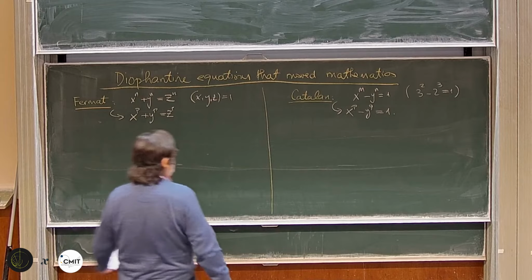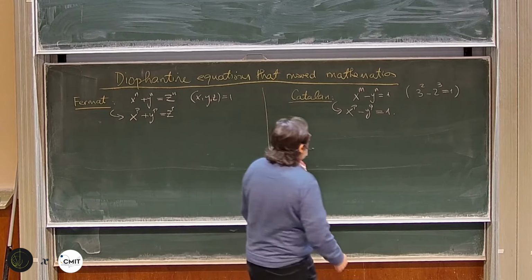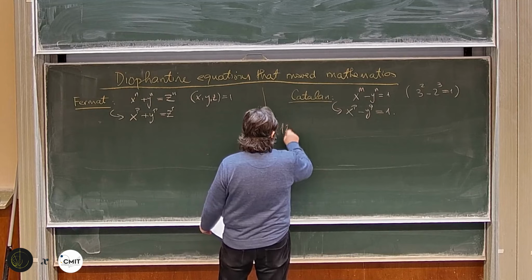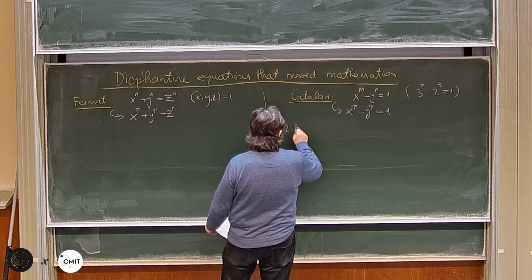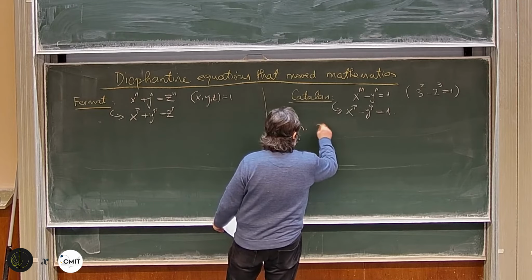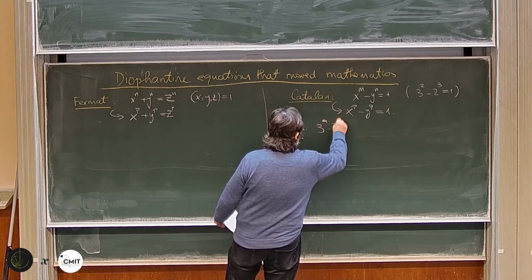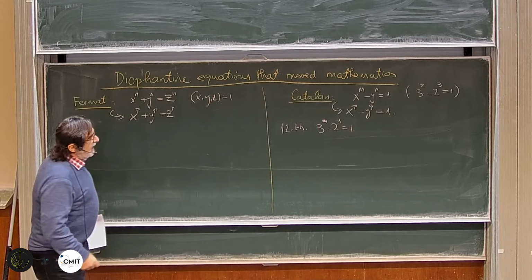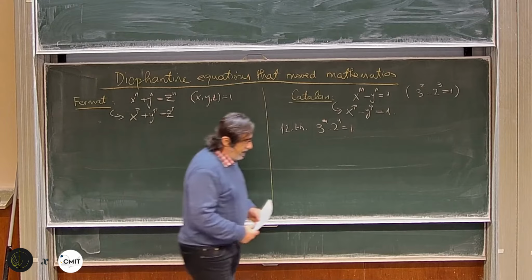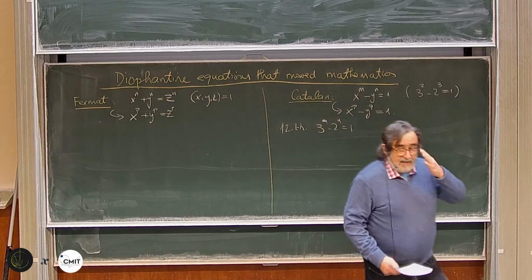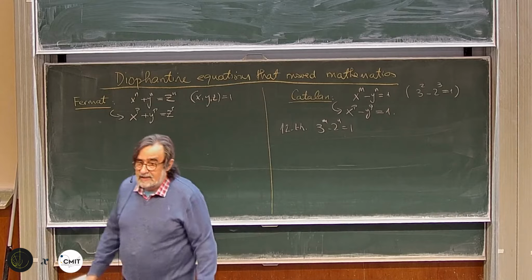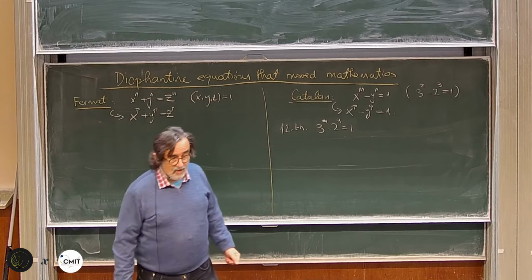The equation of Catalan has a history which starts in the 12th century, and the equation 3 to the n minus 2 to the n equals 1 was of some interest because of Platonic harmony teaching.